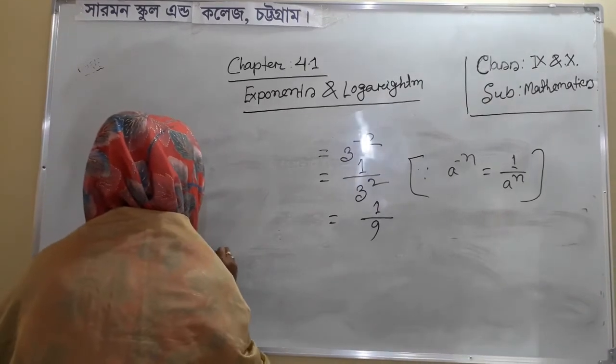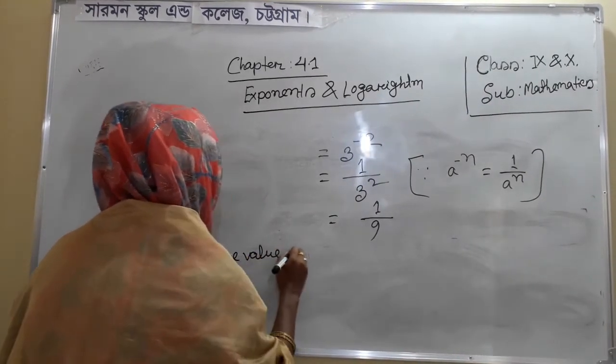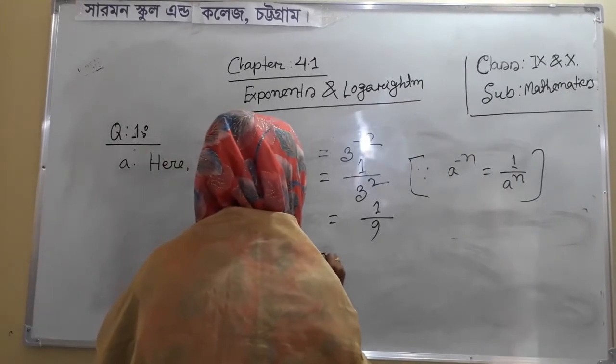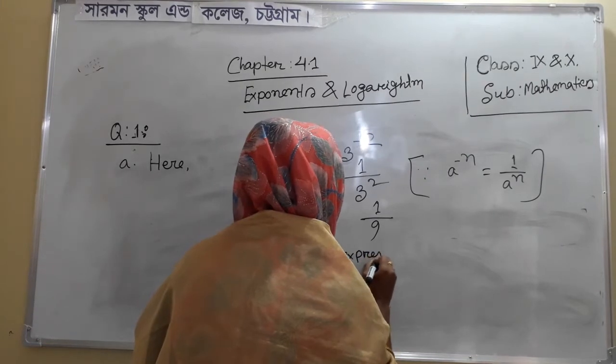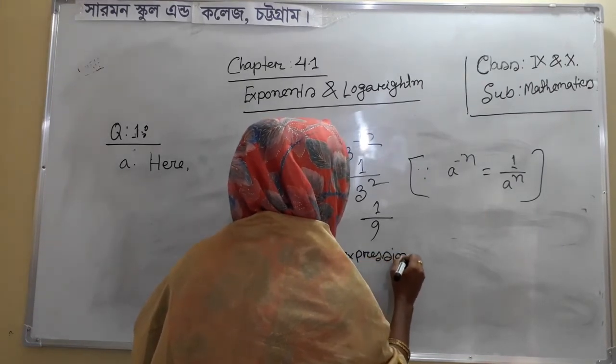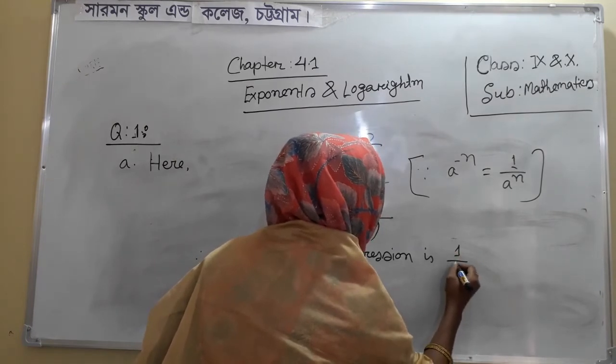That means the value of the first expression is 1 by 9.